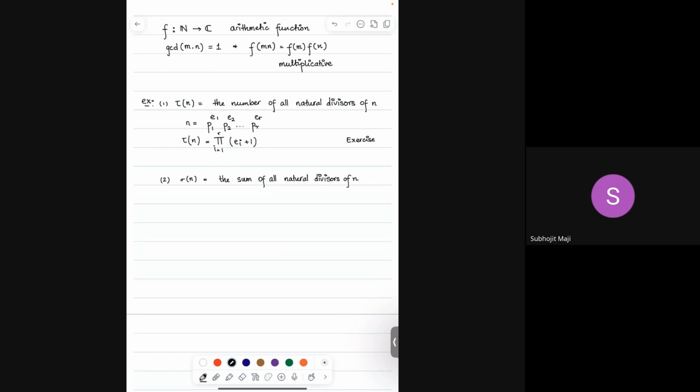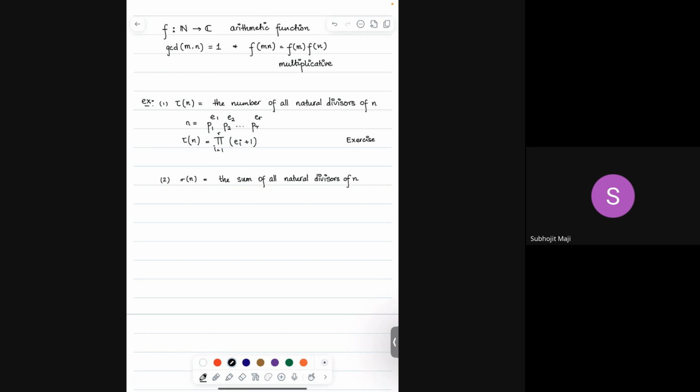Right? So again, if I have a prime p, then what is the sum of all the natural divisors of n? I know that the natural divisors are 1 and p, so the sum is 1 plus p. Okay, if I have p squared, then it is 1 plus p plus p squared.